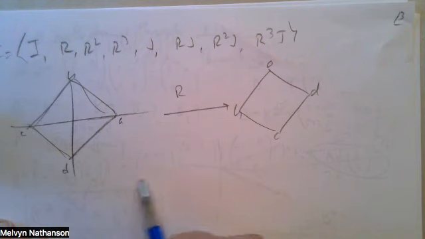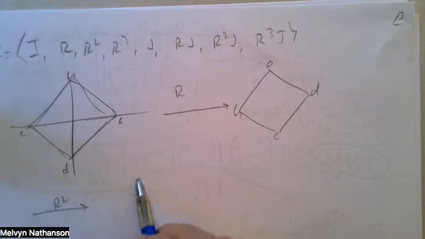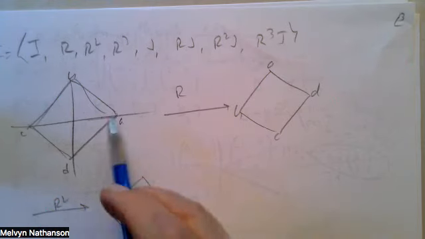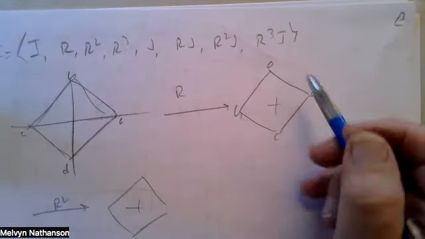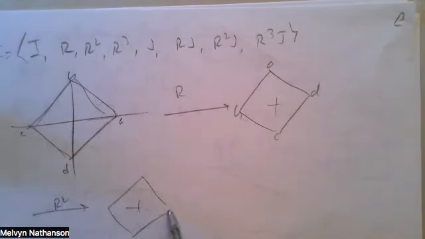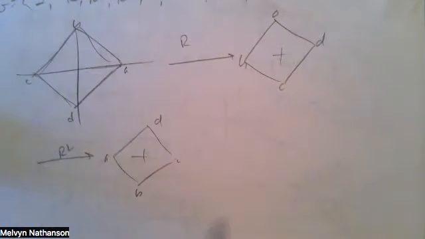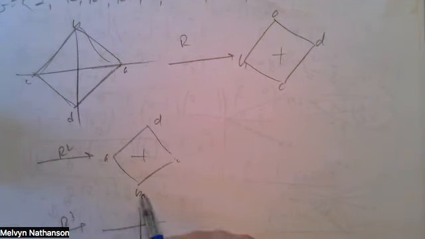If I apply r squared to the square, I rotate it around the origin, right? A goes to here and then goes to here, A, B, C, D. If I apply r cubed, if I rotate it again, A comes down from here down to here.